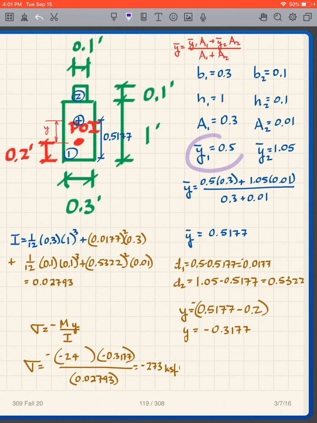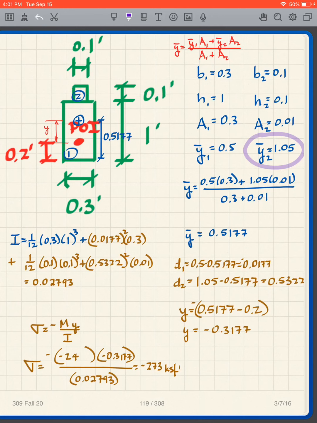Then I have y bar 1, well, that's 1 foot, so y bar is a half a foot. I cluttered the diagram up a little bit too much. Y bar 2, center of that, so the total distance here is going to be 1.05.